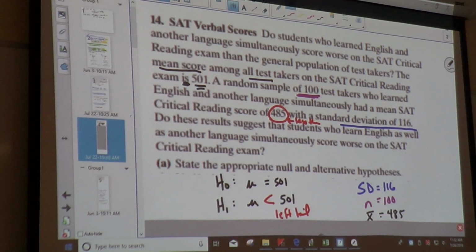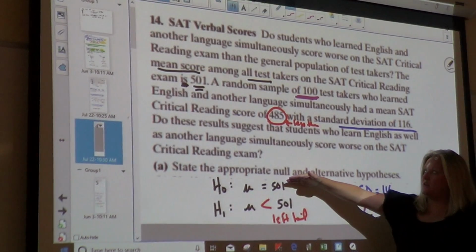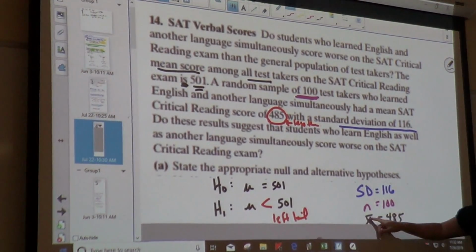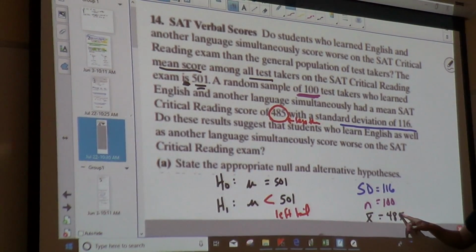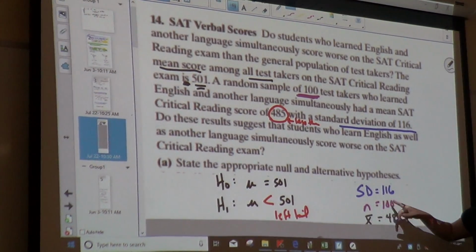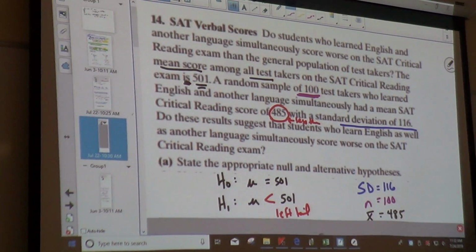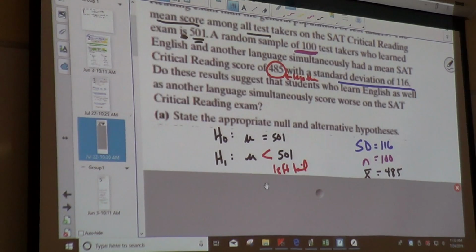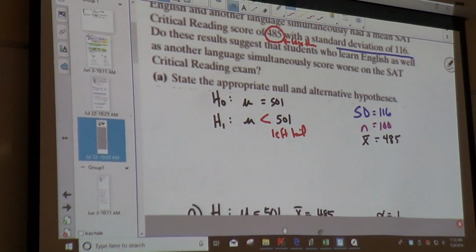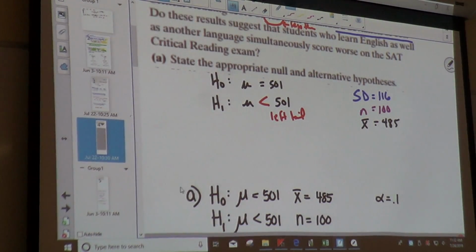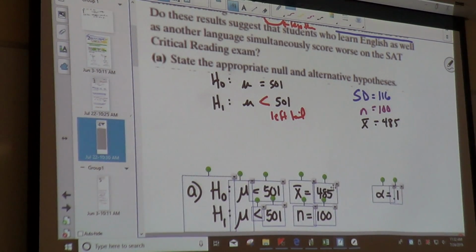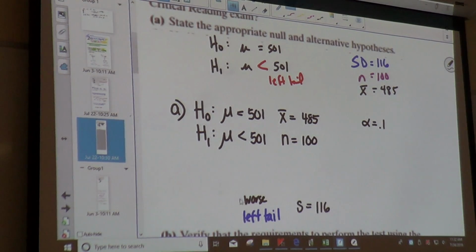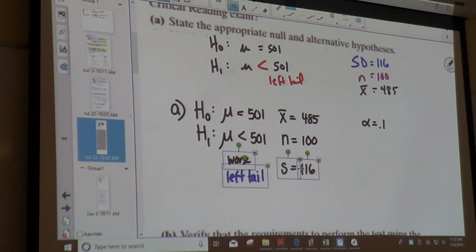So the average of all test takers is 501. My data is going to be less than 501. The average of my data is 485. I did a sample of 100 students and their standard deviation was 116. Cool? So all we're doing in part A is just giving them all of my data. They hadn't told us alpha yet, but I went ahead and wrote alpha, though I don't technically know it yet.